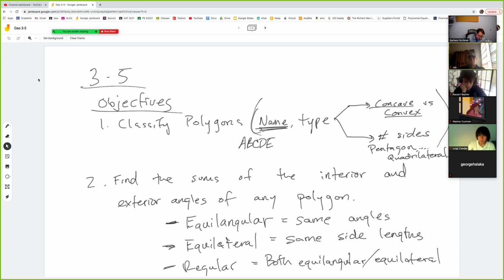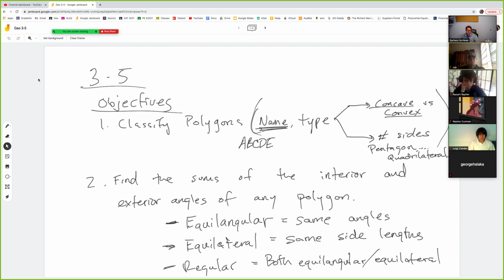So, the sum of all the interior is n minus 2 times 180. Exterior is simply all of them add up to 360. So, if it was a regular polygon, you would do n minus 2 times 180 divided by the number of sides, and that would give you the angle for each. If you do exterior, you would do 360 divided by the number of sides, and you would get the exterior angle.